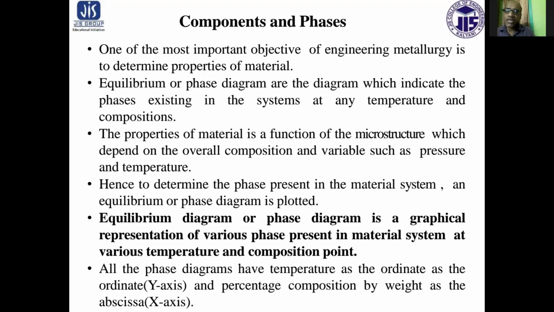Hence, to determine the phases present in the material system, an equilibrium or phase diagram is plotted. It is a graphical representation of various phases present in the material system at various temperature and composition points.